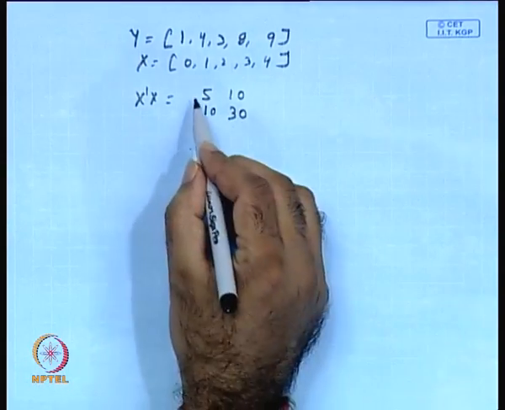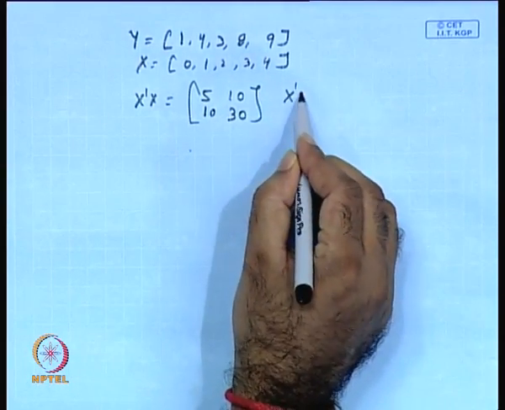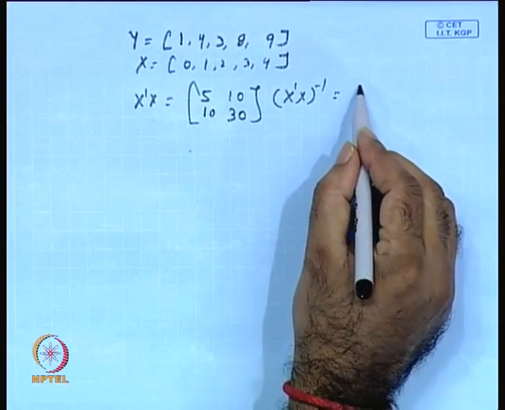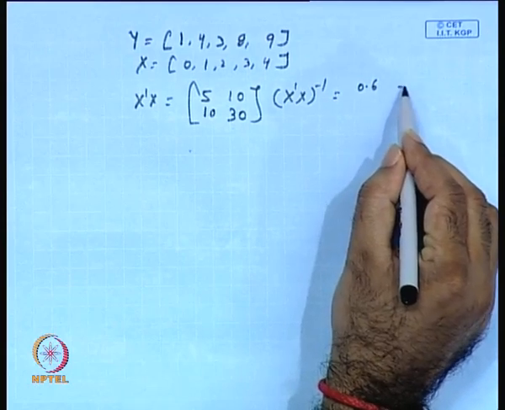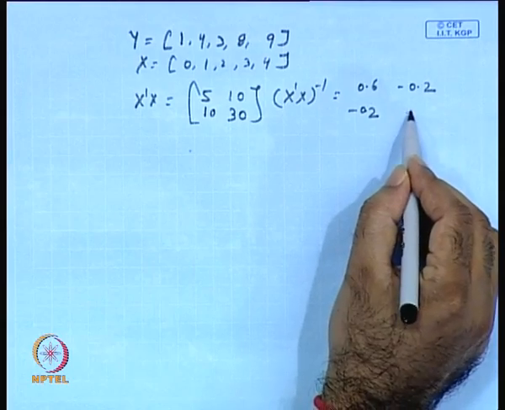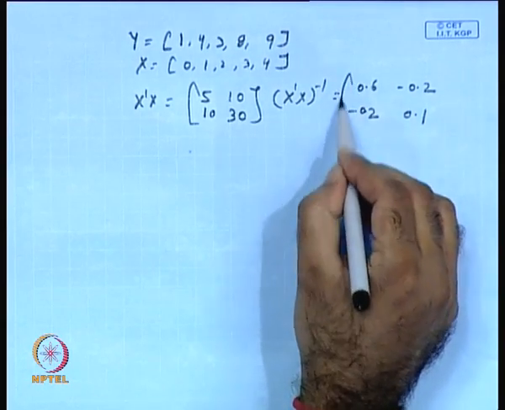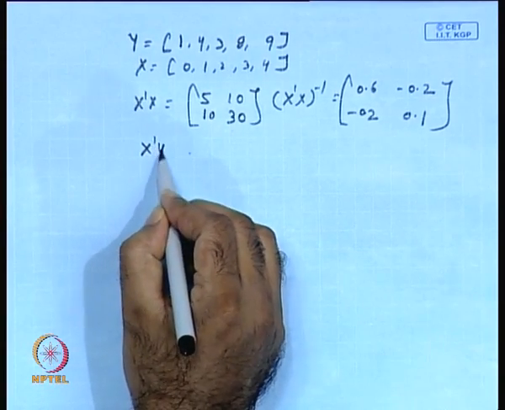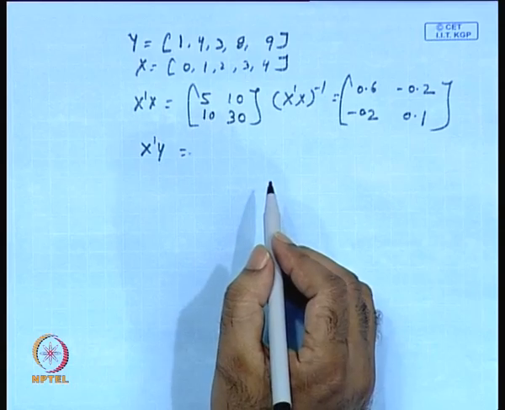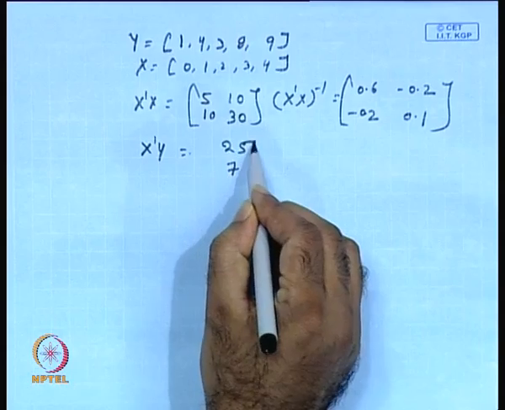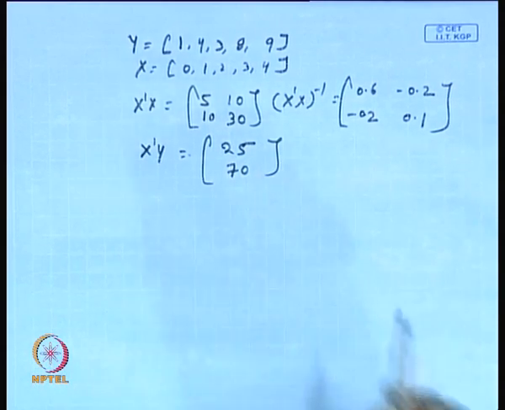Then (X transpose X) inverse equals [0.6, minus 0.2; minus 0.2, 0.1]. Then we need X transpose Y, which equals [25, 70]. This is the summary of this particular system.